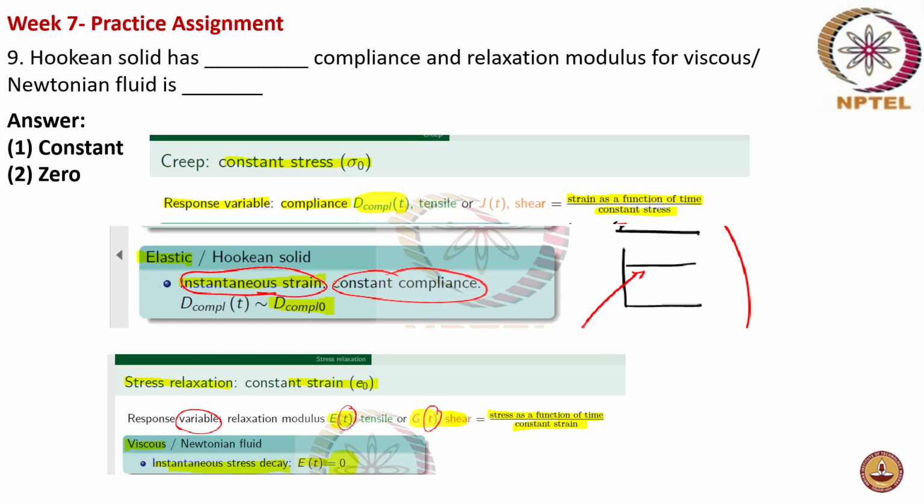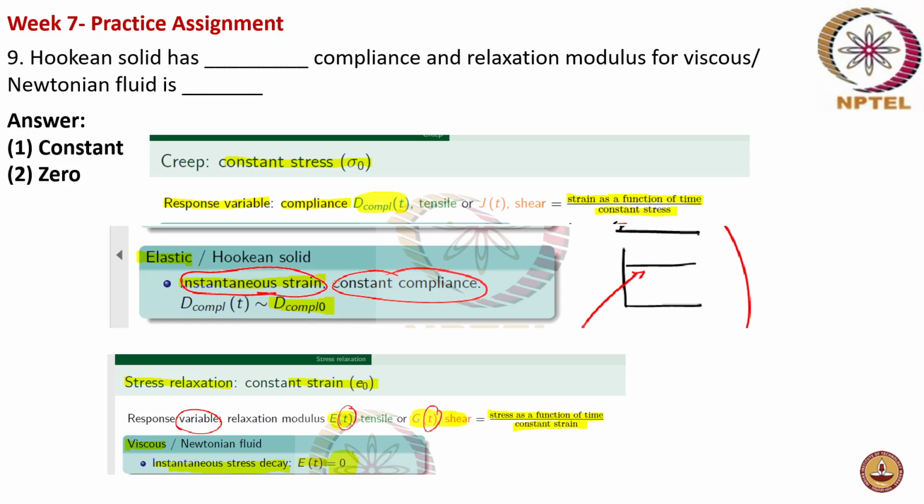So it's an instantaneous decay. Stress goes to 0 immediately for a viscous liquid, because once you give a strain, it immediately comes back to itself only. So your relaxation modulus is 0. Okay, ma'am. Only when it comes to polymers, you will have contribution of both in both the cases.